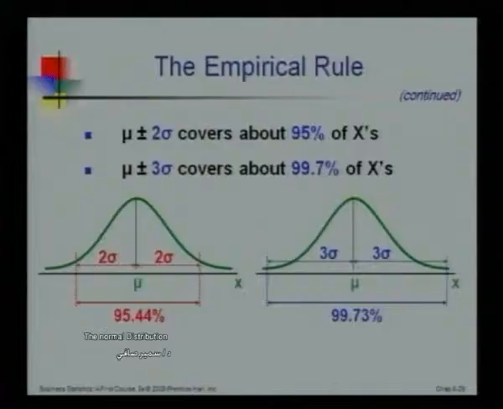Also, 95%, or actually 95.44% of the data falls within two standard deviations of the mean. And finally, around 99.73% of the data falls within three standard deviations of the population mean.